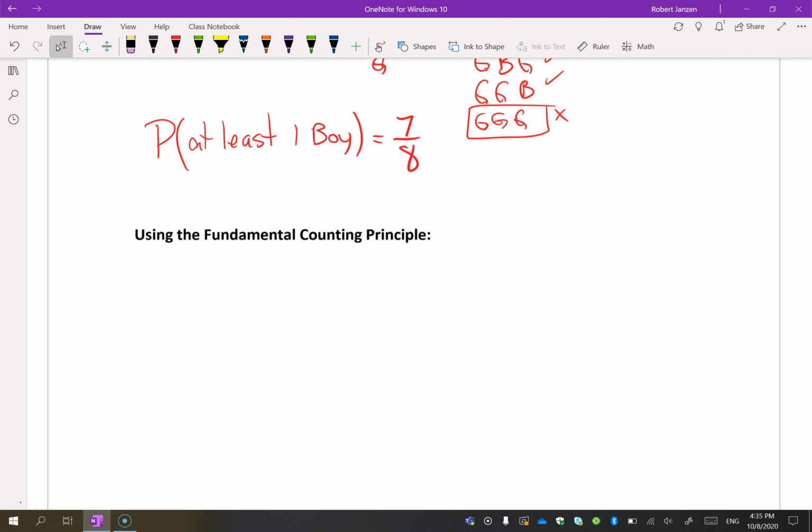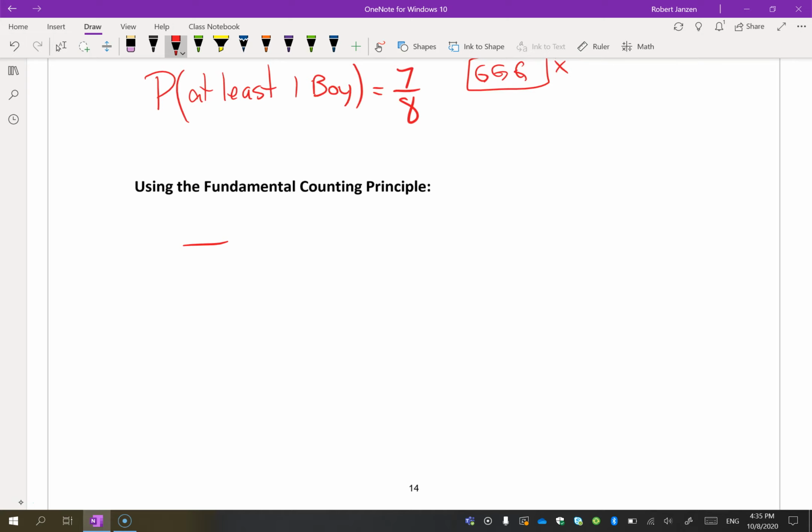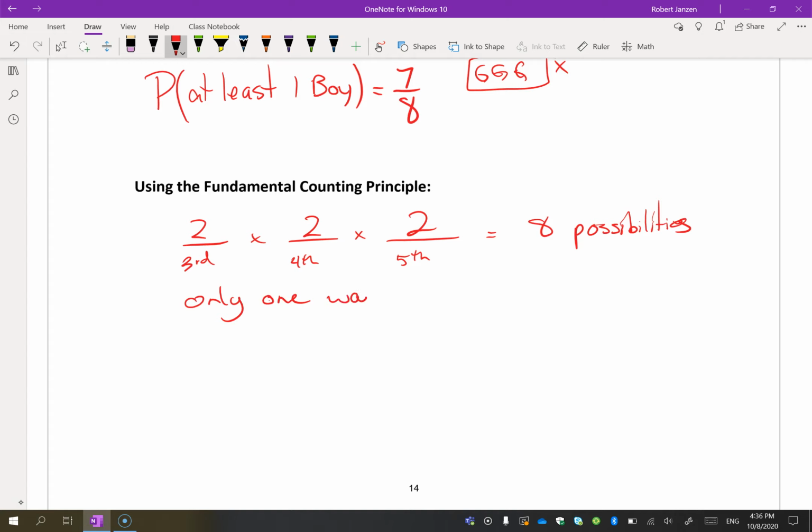Now it says use the fundamental counting principle. Okay, so again, we've got the third and the fourth and the fifth child. So I'm going to write third, fourth, fifth child. There are two possibilities here, two possibilities here, two possibilities here. So there are 8 possibilities. Okay, and we know that there is only one way to have girl, girl, girl.